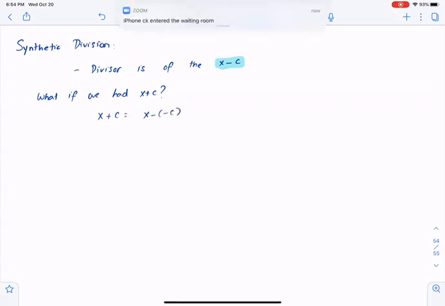So I still have x minus the requirement, but only in this case we have a negative number, negative c. So even though we always say synthetic division works only if the divisor is x minus some number, we could also use x plus c. We just have to rearrange the terms a bit.